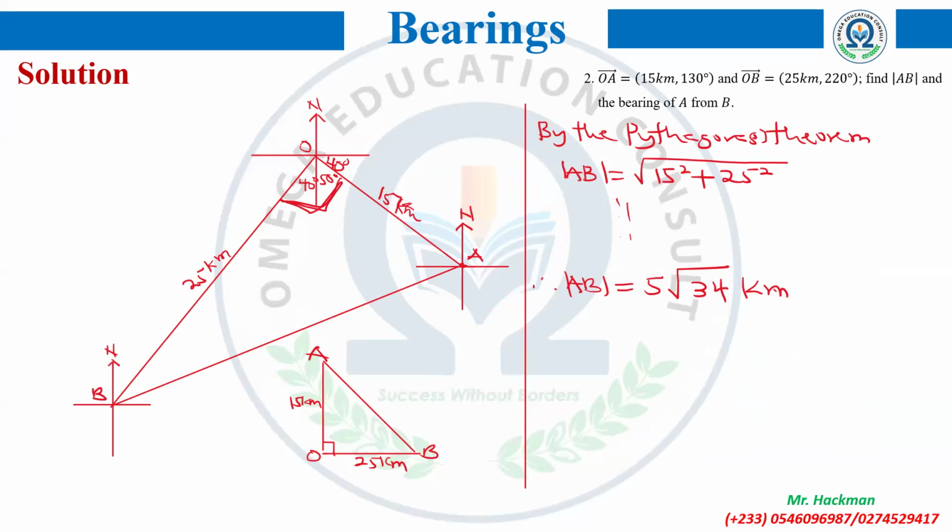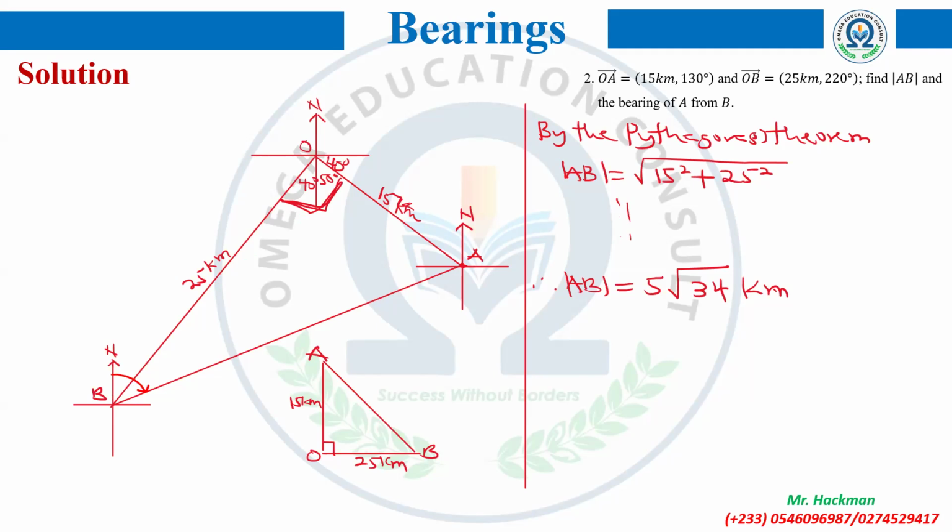The bearing of A from B. So the angle that we'll consider, we'll look at the true north at B, and the line joining your point of interest, AB, measured clockwise. So it means we are looking at the size of this angle from here up to this. Do you agree? Should I come again?